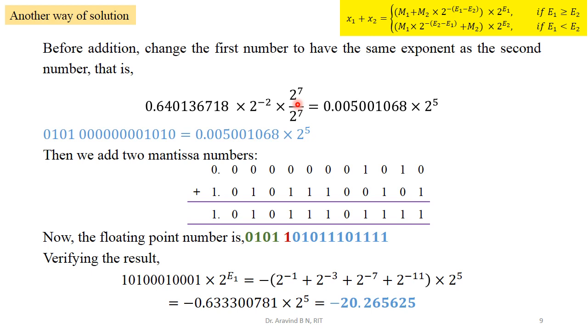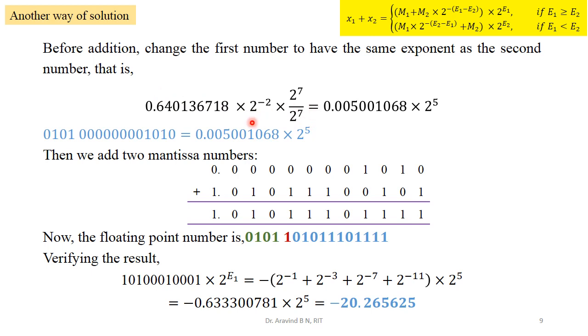We cannot simply multiply this one. This must not be a change of value; the overall realization value must remain the same. Therefore what we are doing is multiplying and dividing by 2 to the power of 7, so that the overall value remains the same, but we obtain what we require.